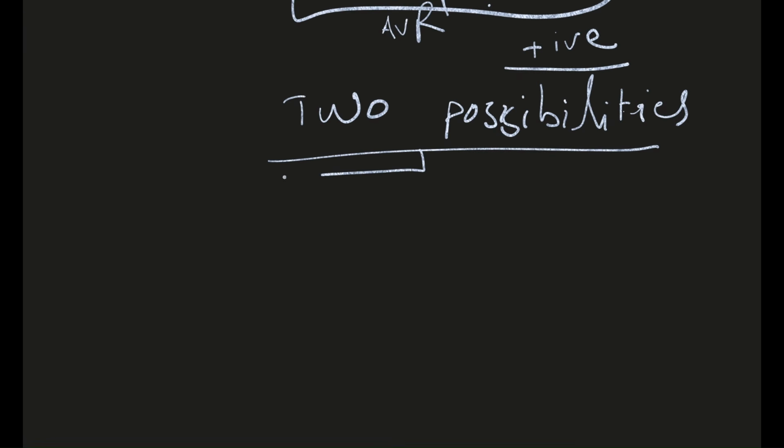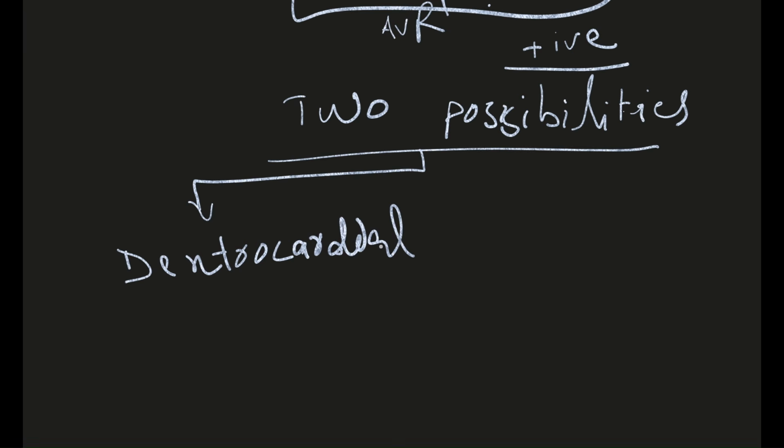One possibility is that the person is having dextrocardia. His heart is on the other side, I mean, towards the right side of the chest. So that's why the vector, the flow of current, is going in the opposite direction.